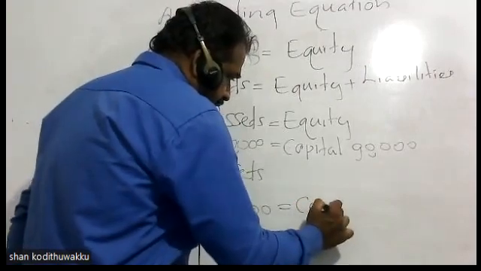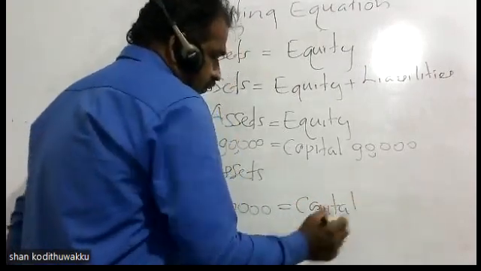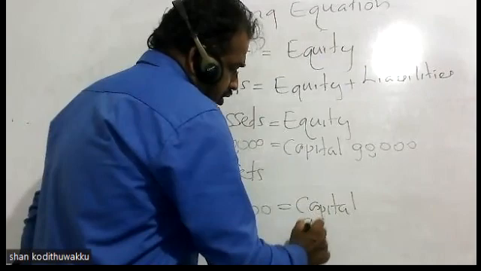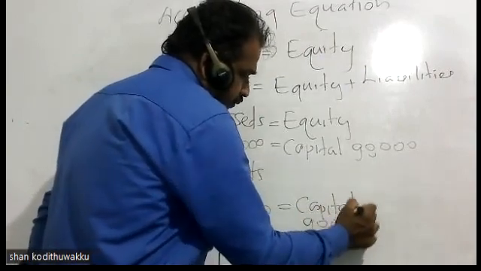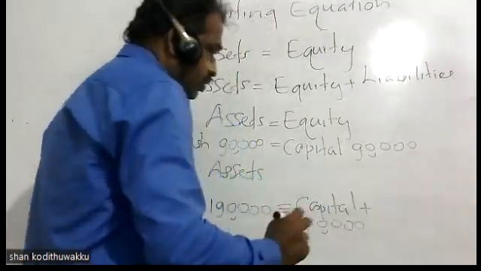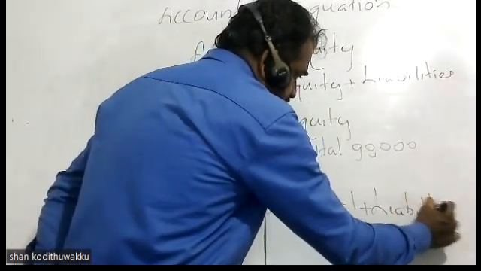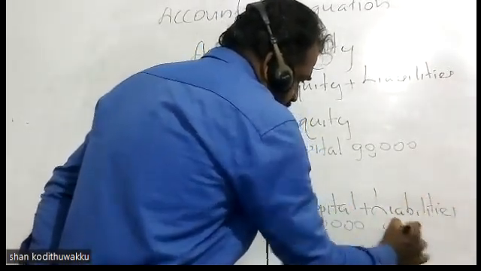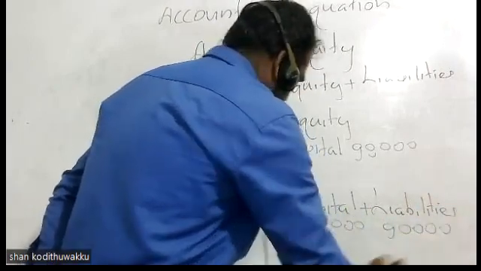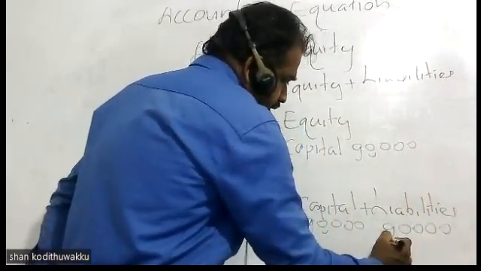Now capital 90,000 plus there will be a liability of 100,000. That is the bank loan.